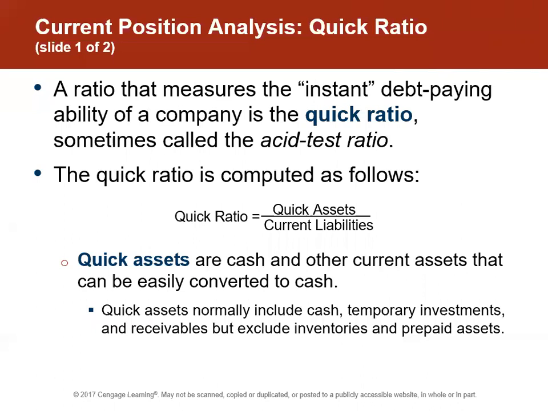We may not be able to sell it quickly and convert it to cash quickly. So this gives banks, lenders, and creditors an even better idea of our ability to pay back short-term debt. Because if we're in retail, we may have a high amount of inventory, and that's being included in the current ratio. It may not be a good indicator of our ability to pay off debt.